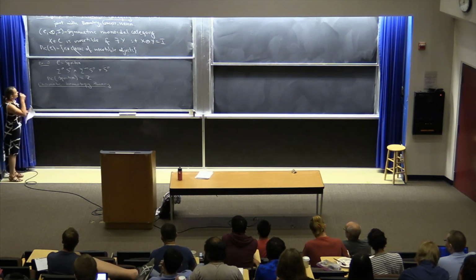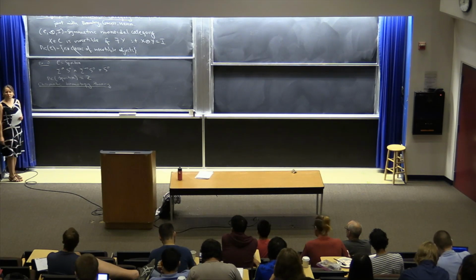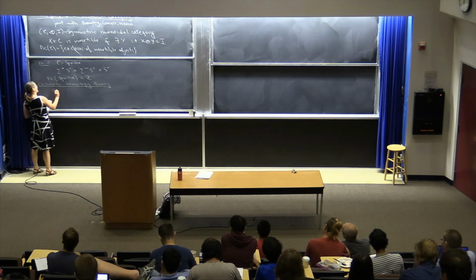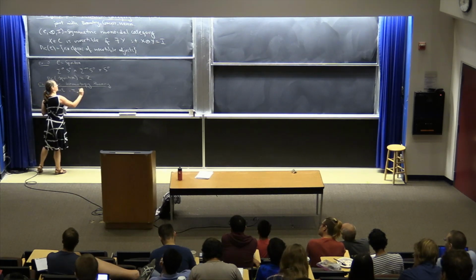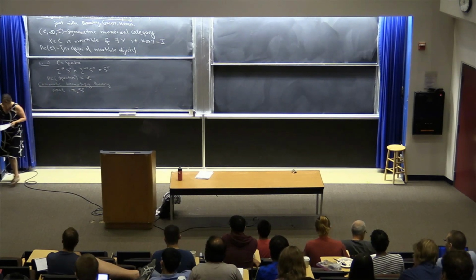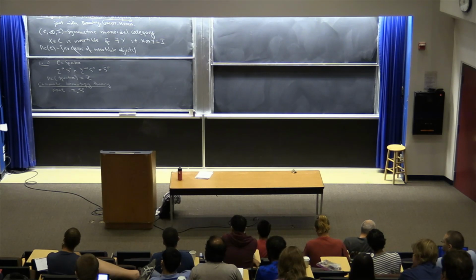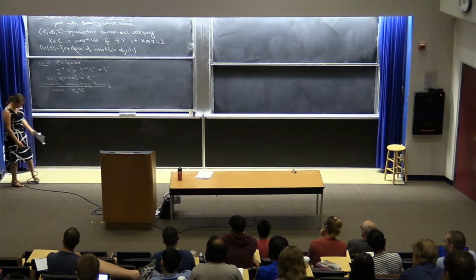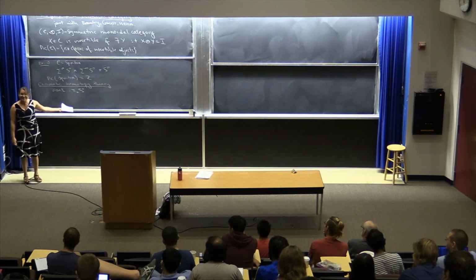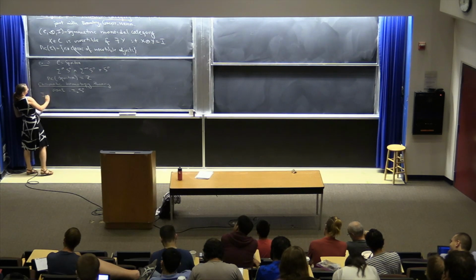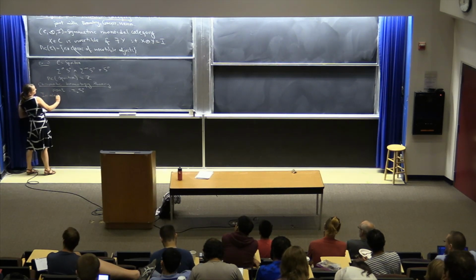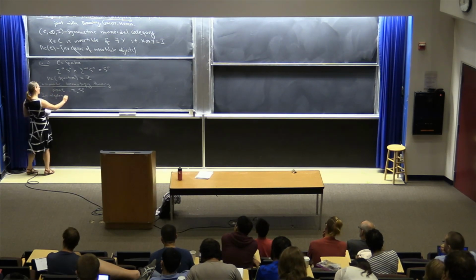So I guess the reason why we're here is that we want to understand the homotopy groups of spheres. I don't know how much you know about this. Well, half of you know a lot, half of you don't. This is really hard. So we need to do things to it.